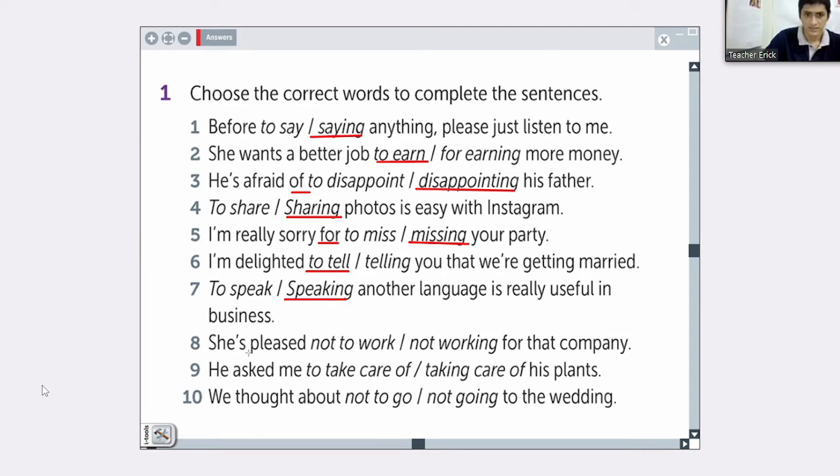She's pleased. She's pleased. El verbo es esto. She's pleased not to work or not working. So which one in this case? She is pleased or she is happy? ¿Qué sería? A ver.